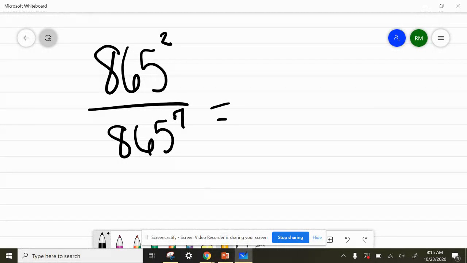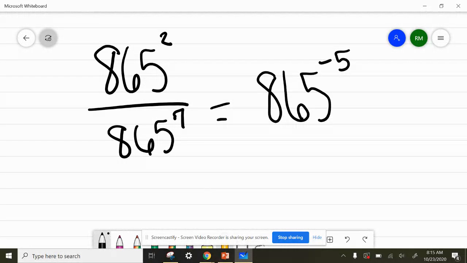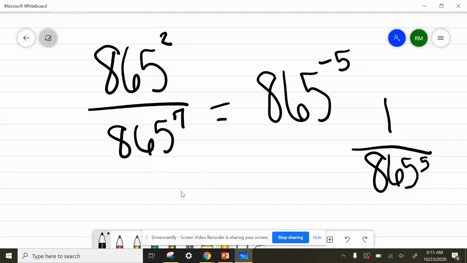Okay, same process every single time you get a negative exponent. 2 minus 7 is going to give you a negative 5. The negative exponent rule says we take the reciprocal. So the reciprocal is just kind of flipping it upside down. So this is the reciprocal, 1 over 865, and then we're going to take that exponent of negative 5 and we're going to make it positive.